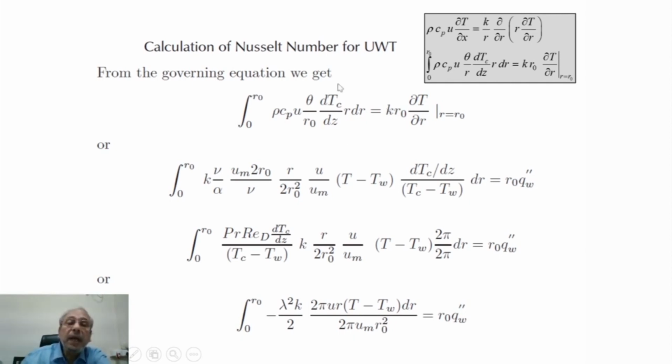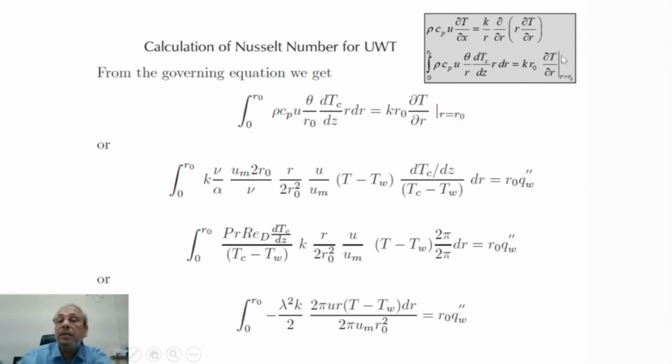Here we can write then rho Cp u theta by r naught dTc dz r dr. When we substitute del T del x in terms of del Tc, theta into del Tc del z, we get rho Cp u theta r naught dTc dz r dr equal to k r naught del T del r at r equal to r naught.